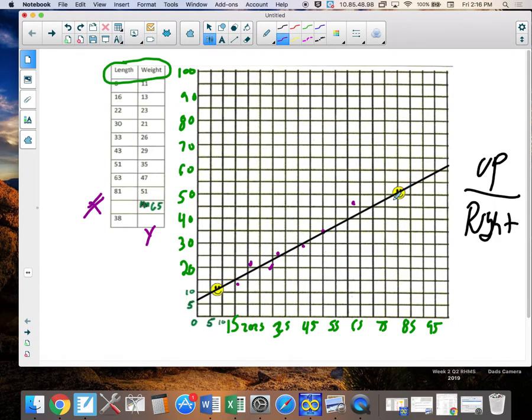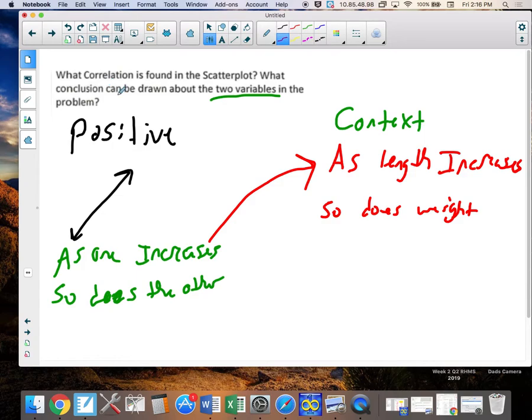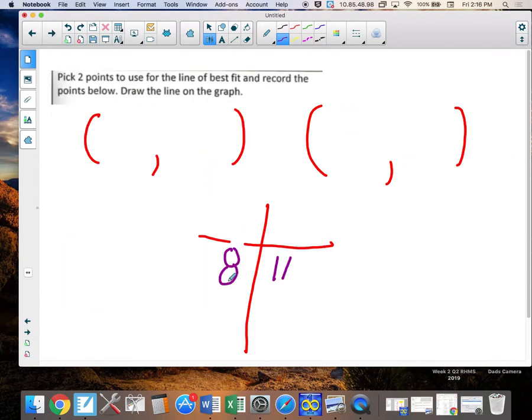It looks like it was the 81, 51. If we were recording it as 2 coordinate points, they would be written like this.